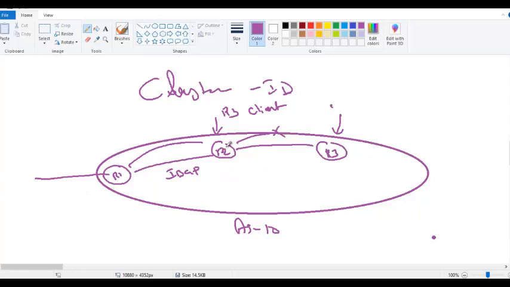So router 2's router ID is 2.2.2.2. All the eBGP learned routes come up to router 2 and router 2 reflects them. So router 3 will say, I'm learning this route because R2 has reflected it. R2 is my cluster. I am a client for R2. He is my uniting glue.